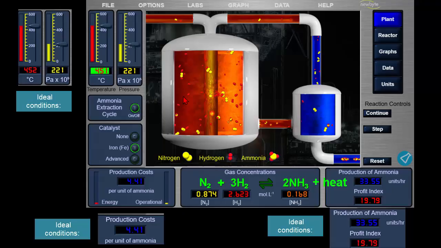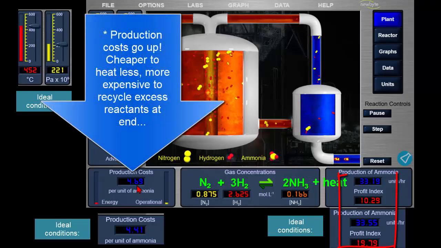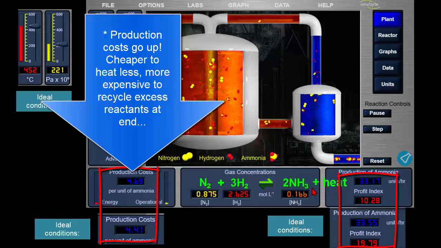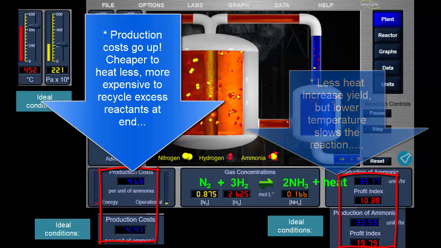So we're going to reduce that. The production costs go down a tiny bit. And what you're going to see is, we're reducing that, it's slowing the reaction down. So the production has gone down a bit, and yet the profit went down. That doesn't make a heap of sense either, unless you realize that there's energy going into taking those gases and compressing them and putting them back in here at the correct temperature and pressure.